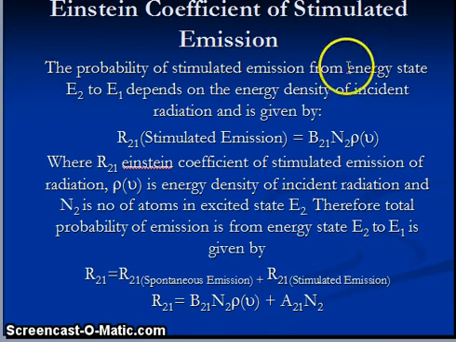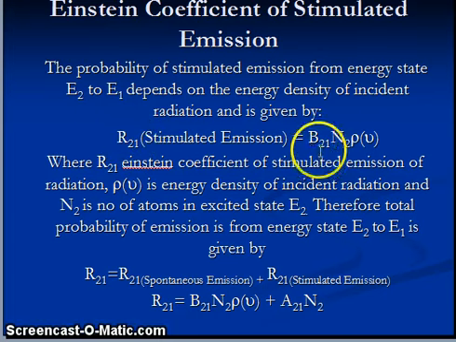Now next is the Einstein coefficient of stimulated emission. The probability of stimulated emission from energy state E2 to E1 depends only on the energy density of the incident radiation and is given by R21 stimulated emission, the probable rate of stimulated emission. Why do we take 21? Because there is a transition from energy state E2 to E1.